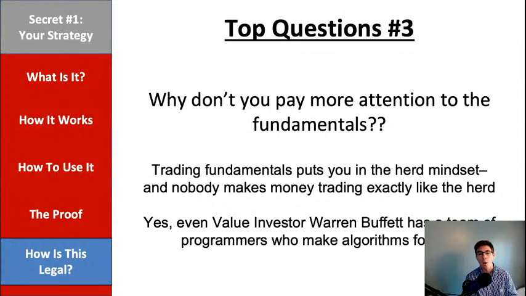Question number 3, why don't you pay more attention to the fundamentals? Trading fundamentals, or buying purely on news, buying purely on what the company is doing, puts you in a herd mindset, and nobody makes money doing trading exactly like the herd. Yes, even value investor Warren Buffett has a team of programmers who make algorithms for him.